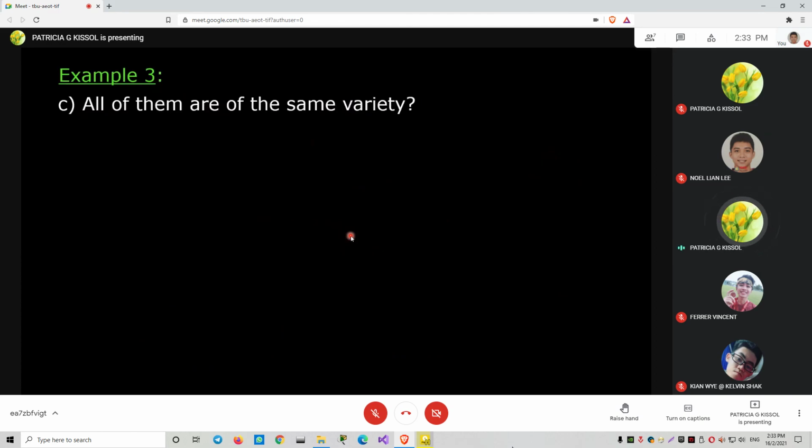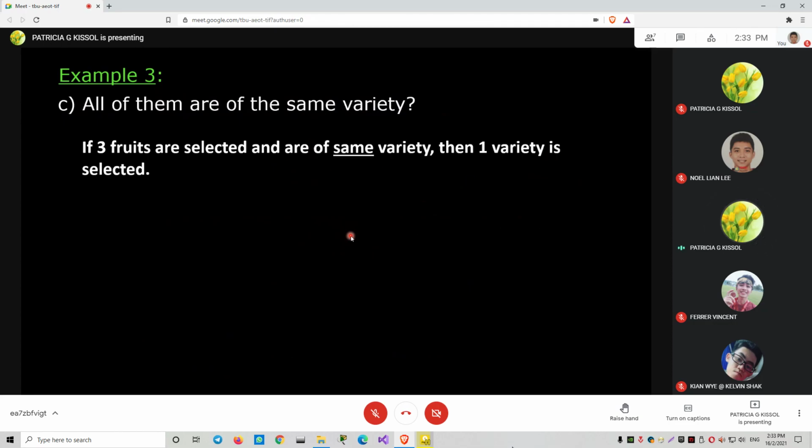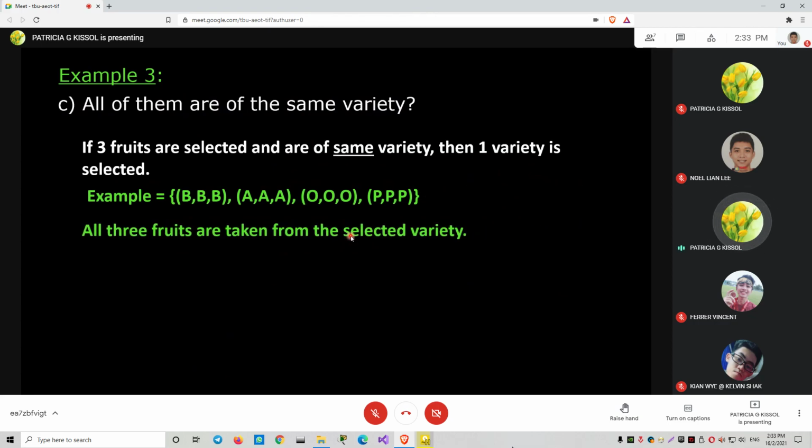Right, so the last one is where all of them are of the same variety. Sorry, I've taken a bit of the time. Same variety means the 3 fruits selected are of the same type, like apple, apple, apple. These are the examples, which are clear-cut.